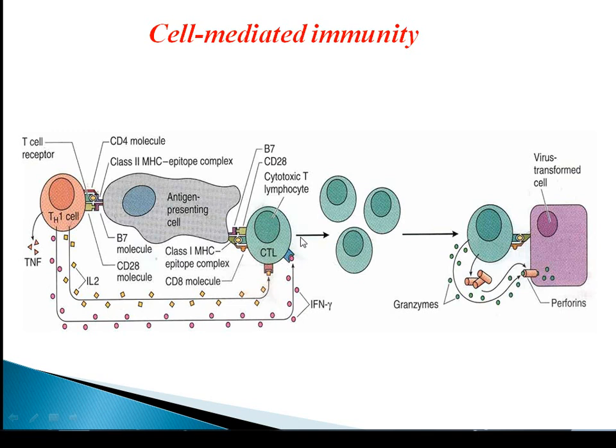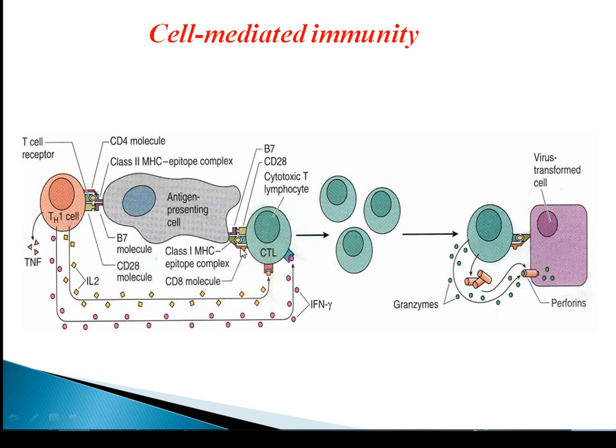At the same time, the cytotoxic T lymphocyte has to take information from the antigen-presenting cell. In this case, the first signal: CD8 binds MHC1, and the T cell receptor binds the epitope. The second signal is the interaction between B7 and CD28.